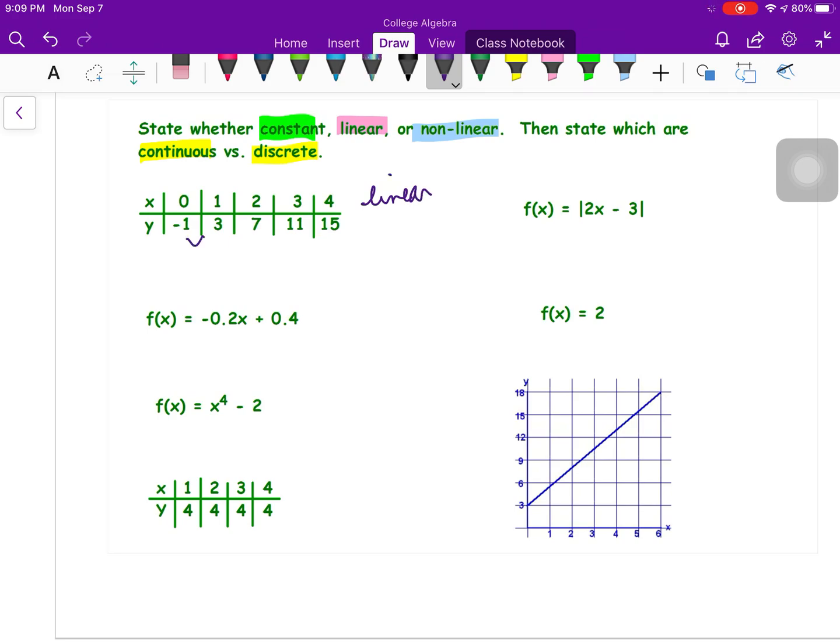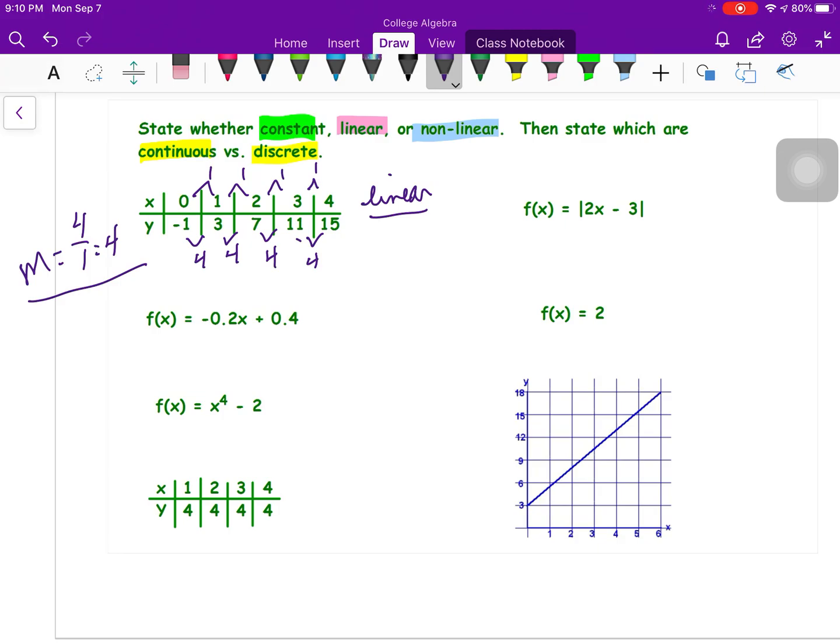Because if I take the change in y's, from negative 1 to 3 is 4. From 3 to 7 is 4. 7 to 11 is 4. 11 to 15 is 4. Over the change in x's, which are 1. So 4 over 1 gives me a slope of 4. So if there is a slope, it is linear.